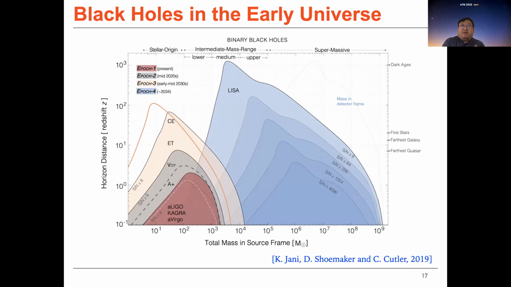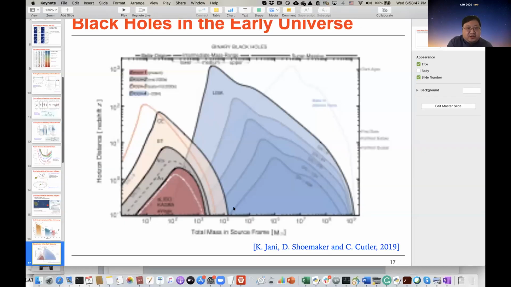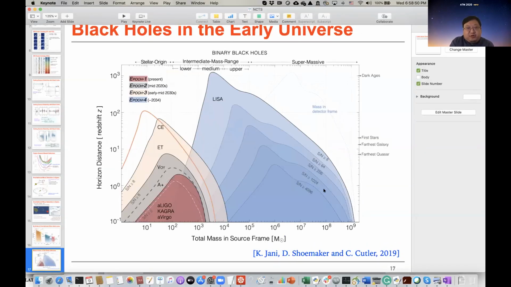Also, I think the important thing is to see that they can probe to a very large distance into the universe. So this diagram shows that the LISA project is able to probe very heavy black holes, including the 10 to the 6 solar mass black holes, which are comparable in mass to the Milky Way's black hole. And these are believed to be at the centers of galaxies.